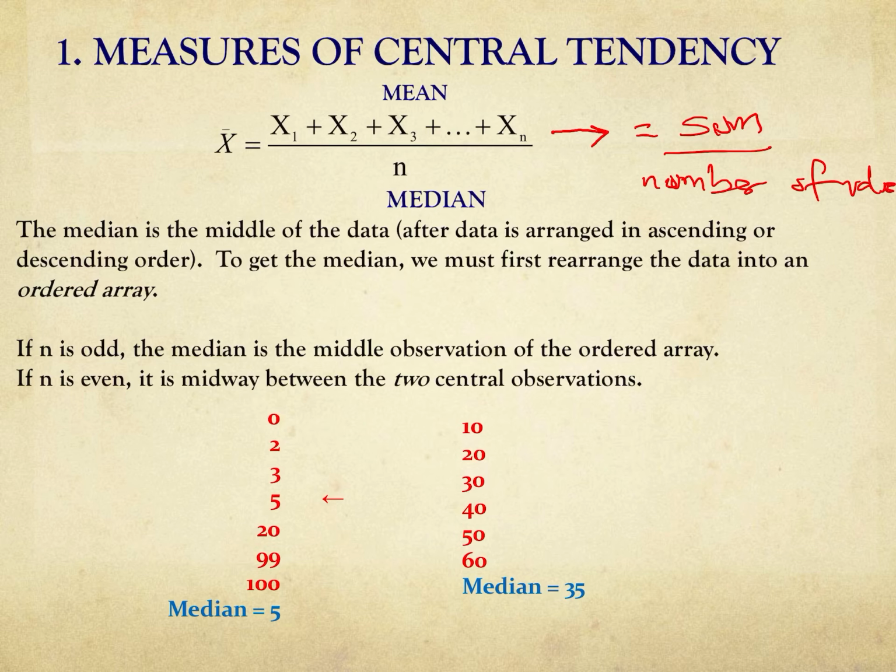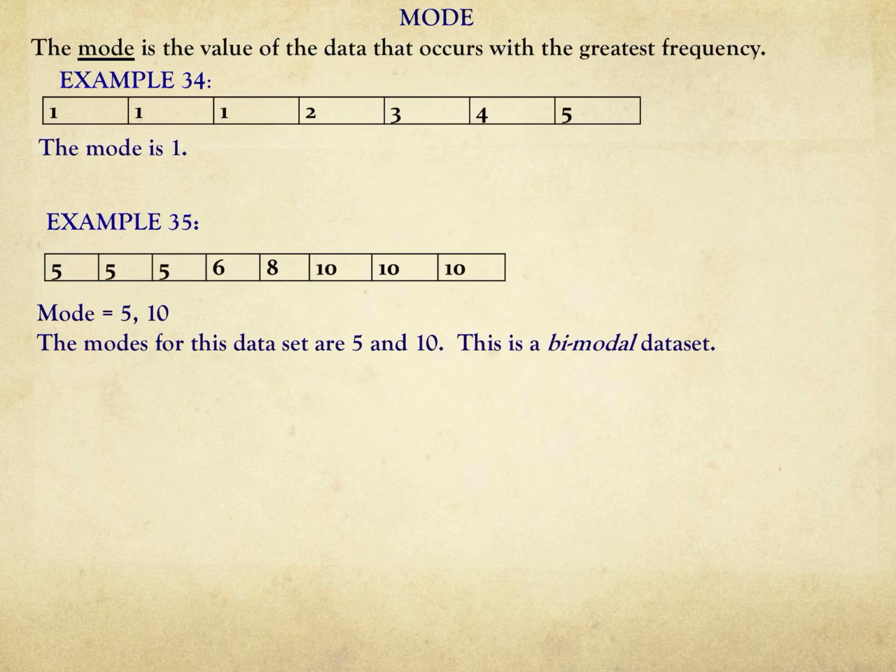The second measurement is the median. I want you to take note for this measurement, before you go ahead, the first thing you need to do is rearrange the data set. And the arrangement can either be in ascending order or descending order.